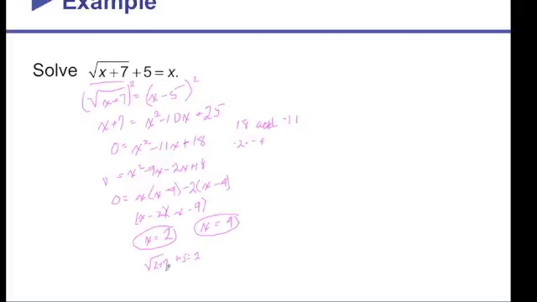So 3 plus 5, nope, we have to throw out this solution. So then 9 plus 7, square root of that, plus 5 equals 9. Well, this will be 16. The square root of 16 is 4. 4 plus 5 is 9. So the rule here is when you're actually taking this square root, you take the positive one.